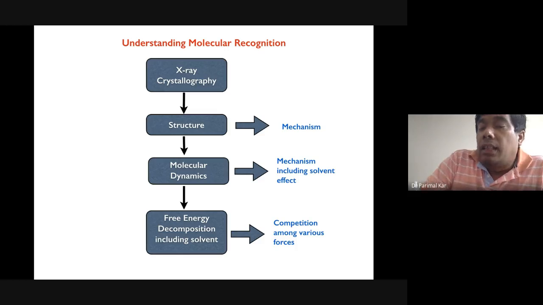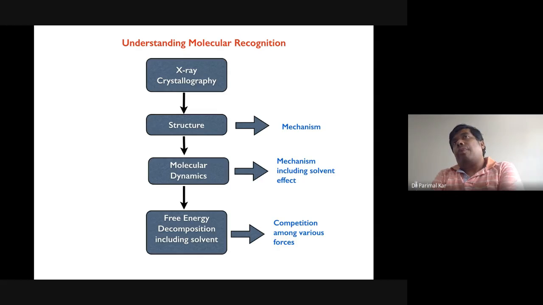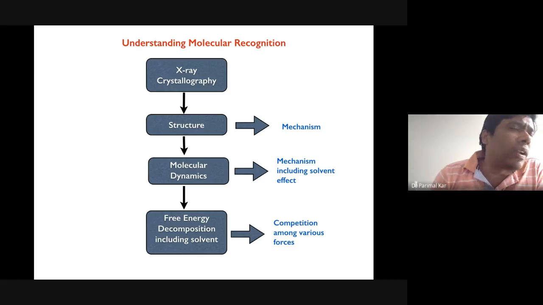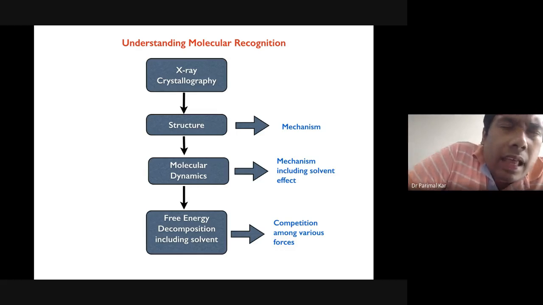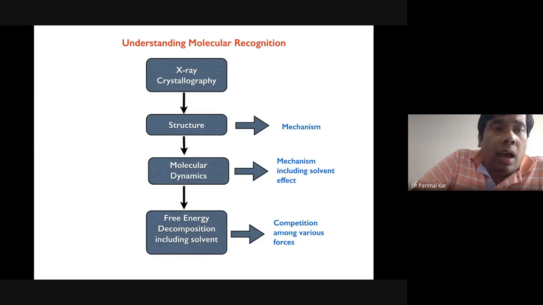Second, from the 3-dimensional crystal structure, you can see only whether there are hydrogen bonds or not, or whether there are any van der Waals interactions or not. But how do you quantify them? You may say that minus 10 kcal per mole is the binding free energy, and you can get that from the experiment.